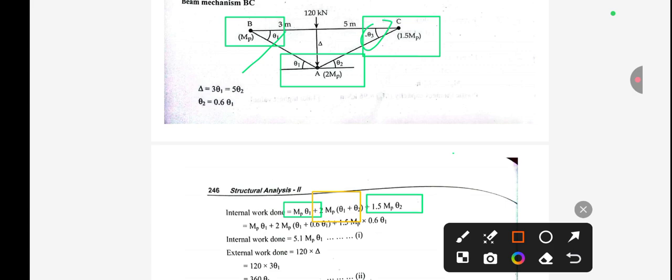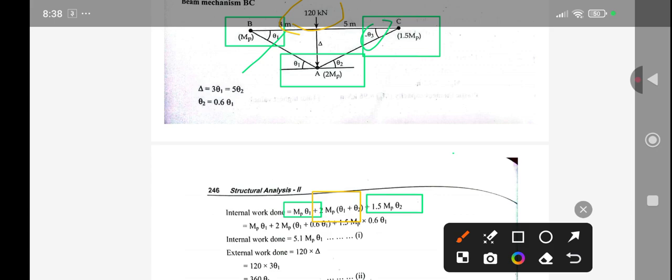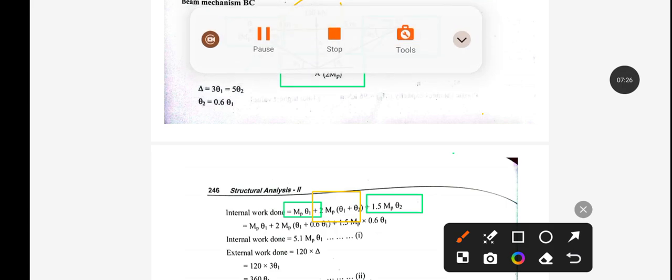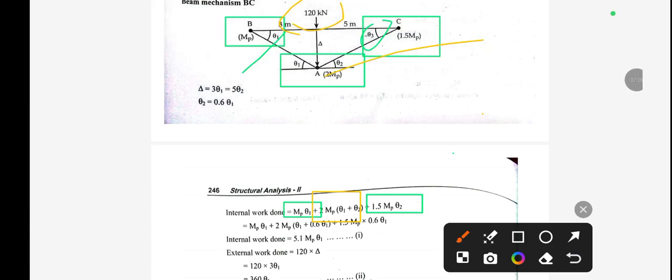Now for the external work, you can see here we have only one load, that is 120 kN. And for the external work, we have calculated the value like this.